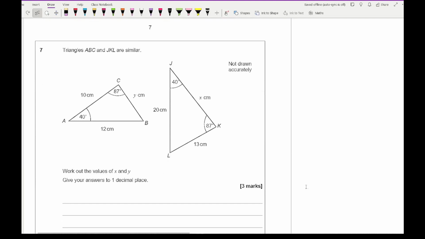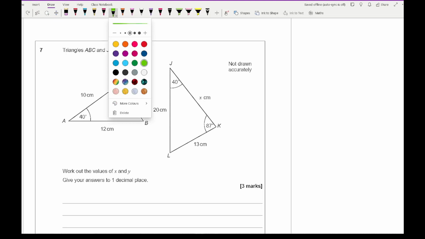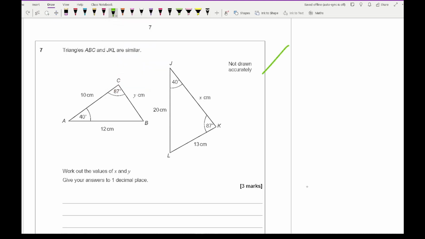Then moving on to question 7, it says triangles ABC and JK are similar, and it says work out the values of X and Y. Now with this, you want to make sure that both triangles are the same orientation, just so it's easy for you to spot which sides you need to use for your scale factor.